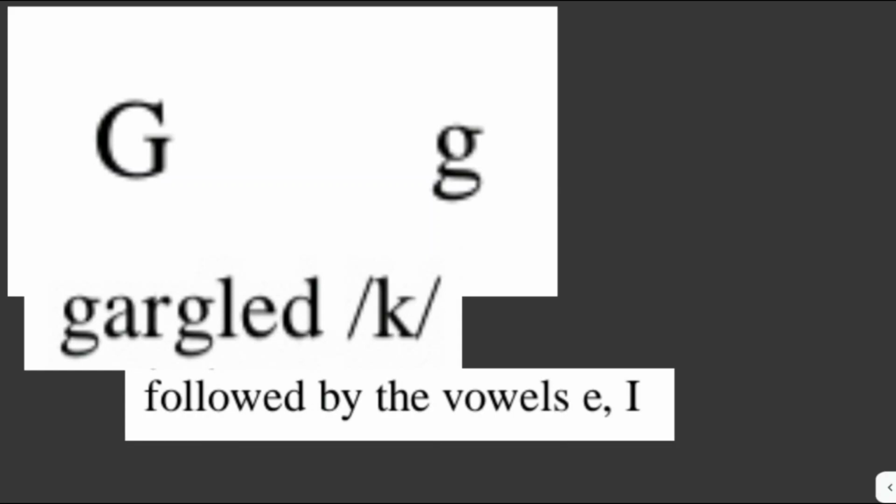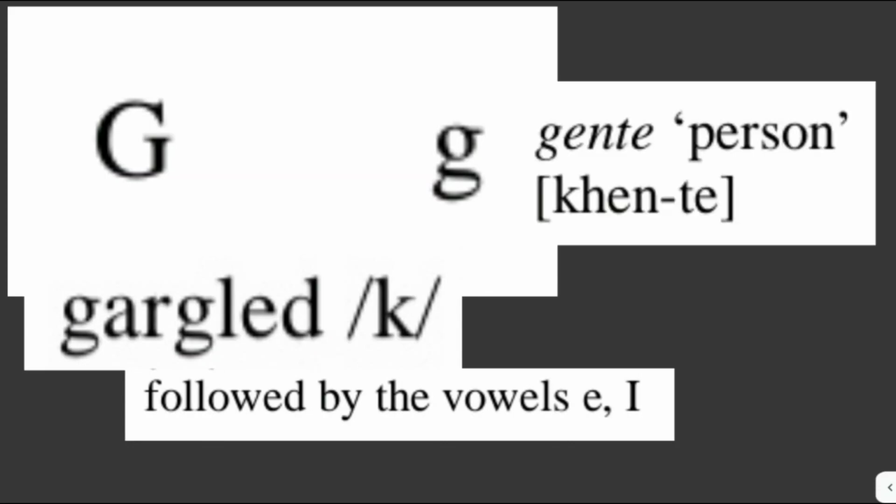And another way to pronounce G is like a gargled K when it is followed by the vowels E, I, as in gente, gente, which means person.